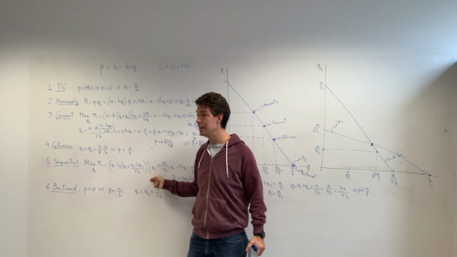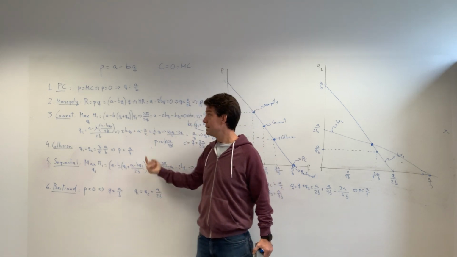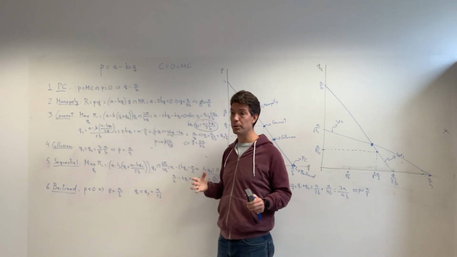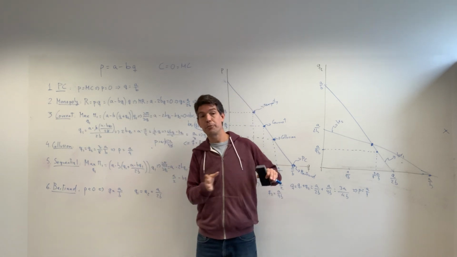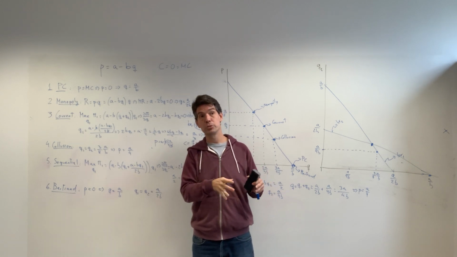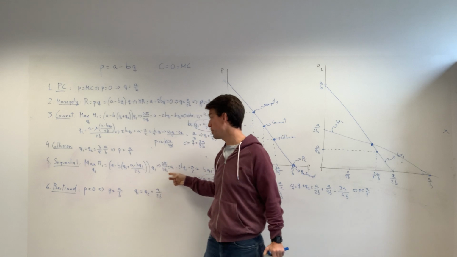And the sequential equilibrium, again, we write the same problem of firm number one, who is the one that decides first. Remember, when there's sequentiality, we start from the very end with the second firm, and we incorporate the best response of the second firm into the problem of the first firm.